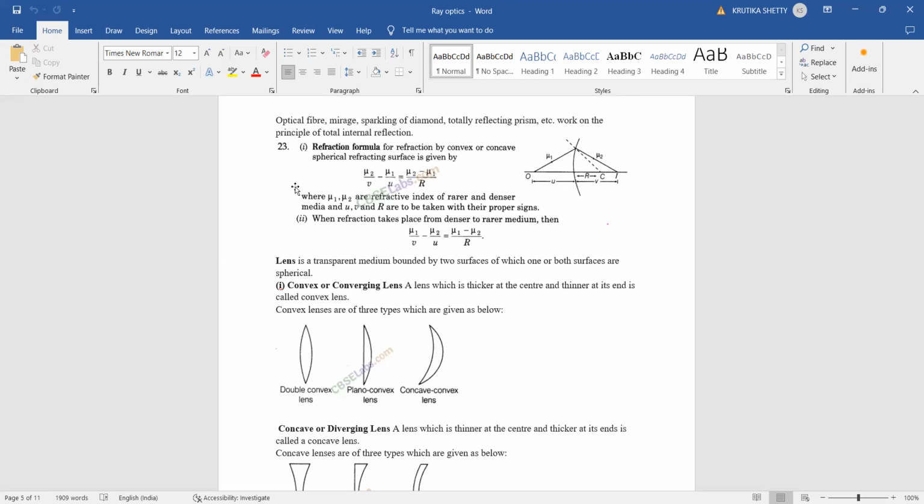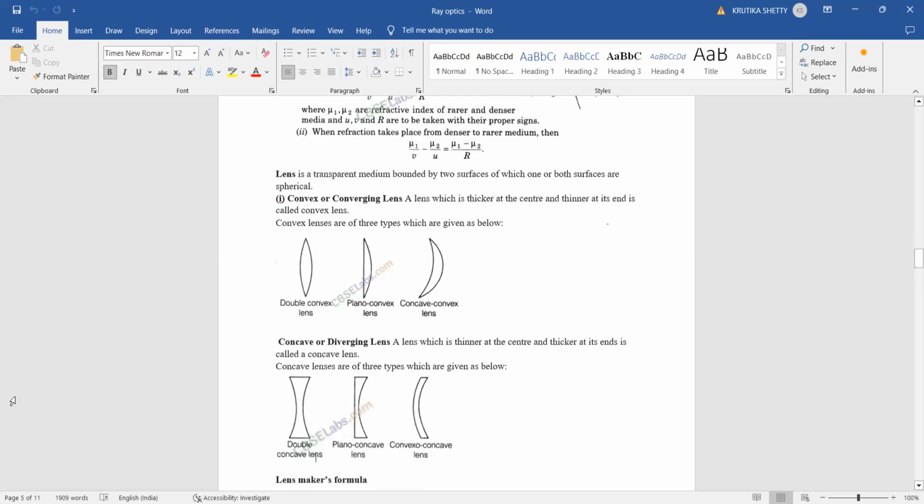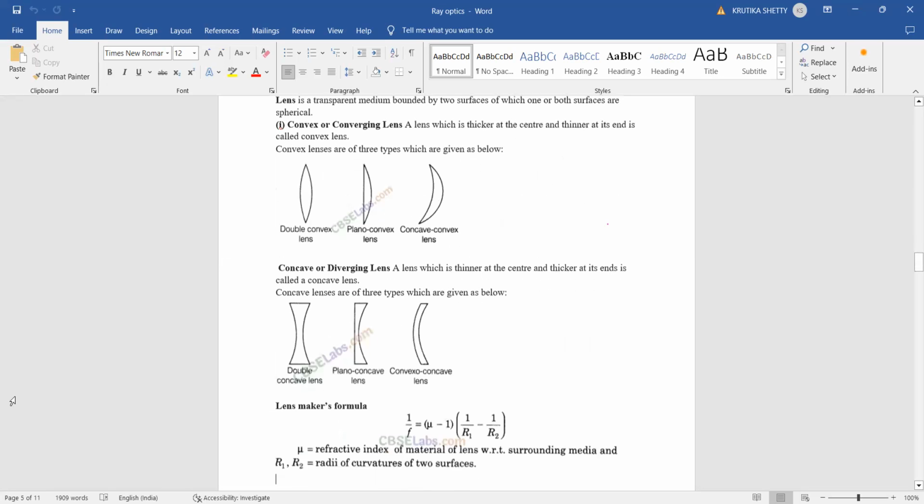So here you can see some three figures, for the convex lens and for the concave lenses. In the convex lens, here they are showing three types: a double convex lens, plano convex lens, and concavo convex lens. In a double convex lens, two convex parts are taken and combined.